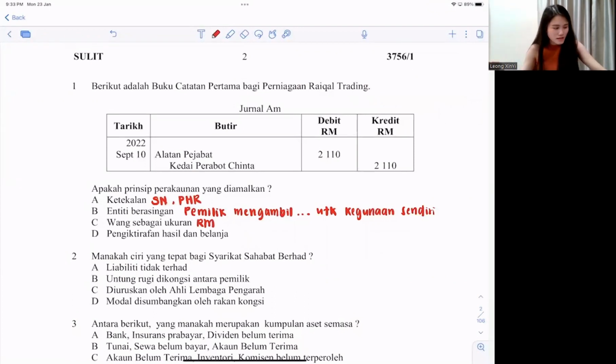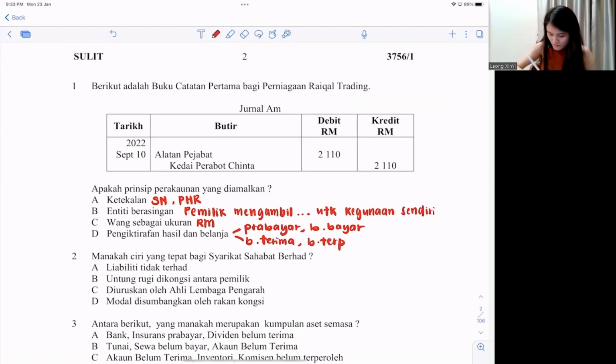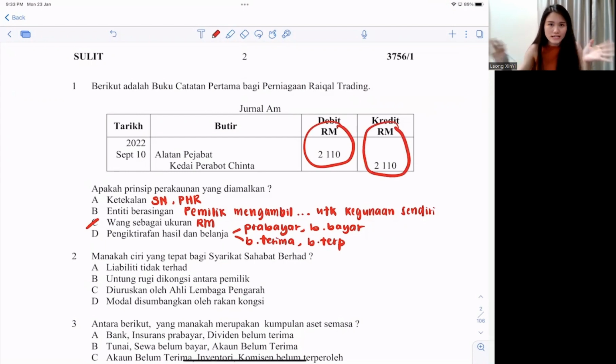And as for pengiktirafan hasil dan belanja, it's not shown here because this one must be those prabayar, belum bayar, or belum terima, belum terperoleh. So the answer should be wang sebagai ukuran because there are recordings in RM form. And that's how you record all your transactions.